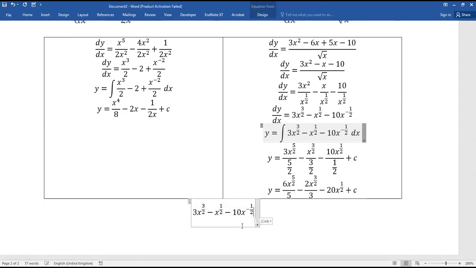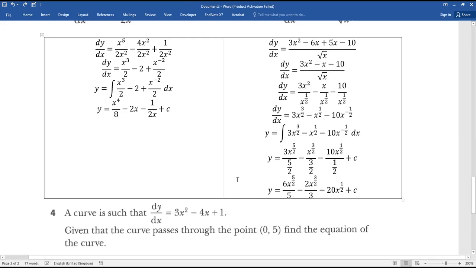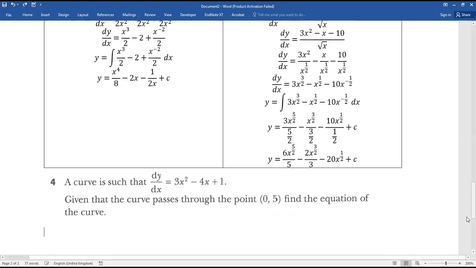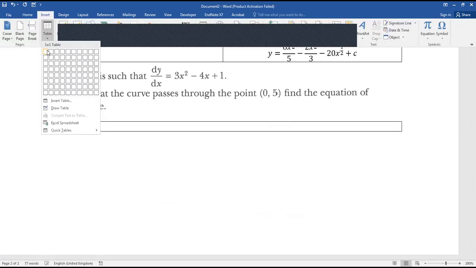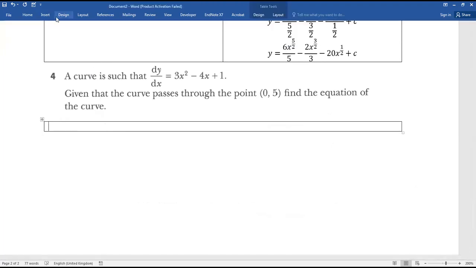Let's do the next question of the same exercise, question number 4. Now we understand how we get C so that we can attempt the remaining parts. Okay, same thing. Now the question wants us to find the actual equation of the curve. How will we do that? If we integrate it, we get y, right?